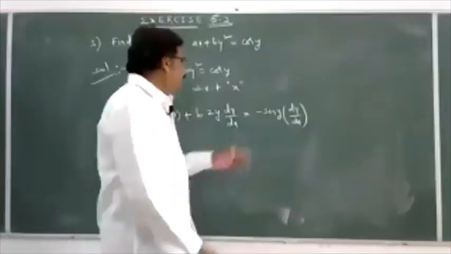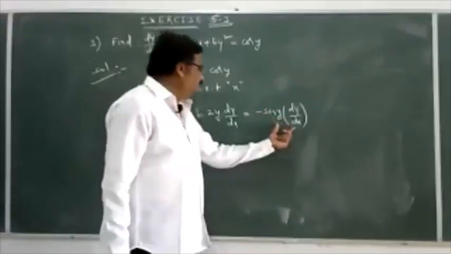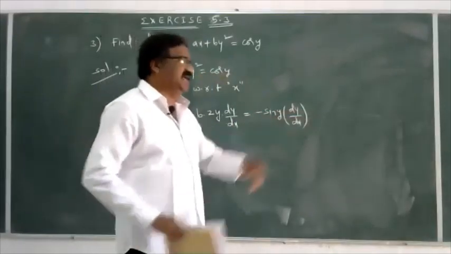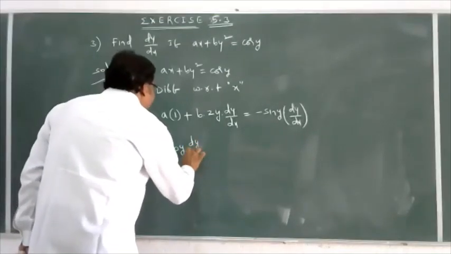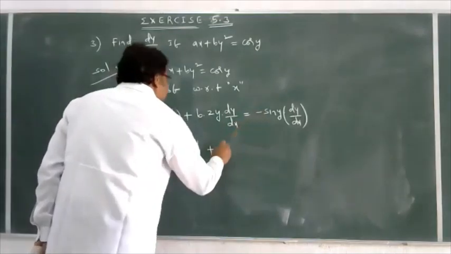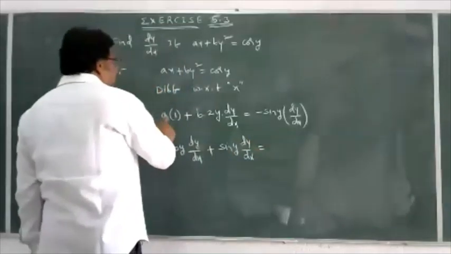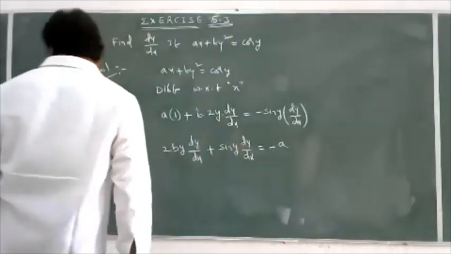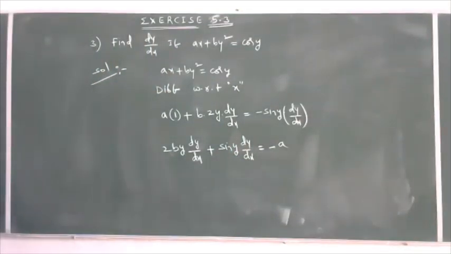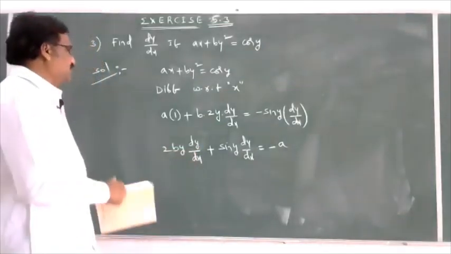Here also we want to find out dy by dx. You bring all dy by dx terms to one side. So you bring this term into this side and a into that side. That is 2by into dy by dx plus sin y into dy by dx is equal to, you bring this a into that side, that is minus a. 2by into dy by dx plus sin y into dy by dx is equal to minus a.